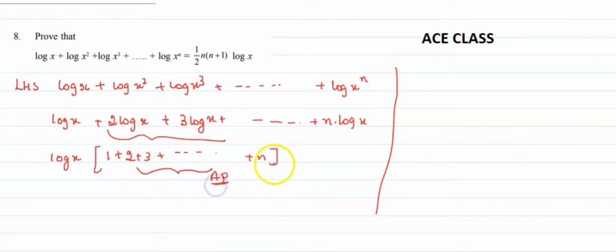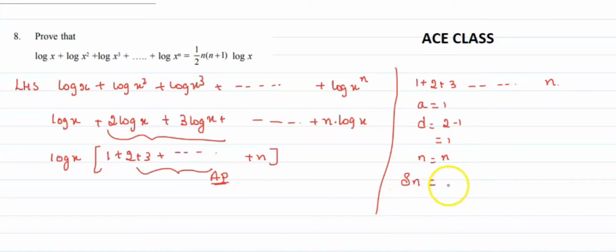You have learnt this in your 10th standard, right? This sequence forms an AP, and you need to find the sum of the terms, that is 1 plus 2 plus 3 and so on up to n. Where a is equal to 1 here, d is equal to a2 minus a1, that is 2 minus 1, which is equal to 1, and the number of terms is n itself. You have the sum of terms formula in AP.